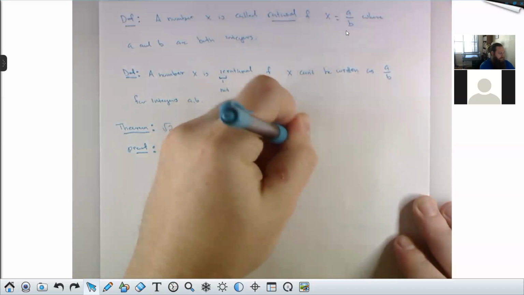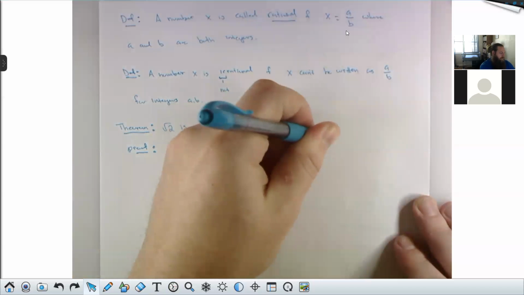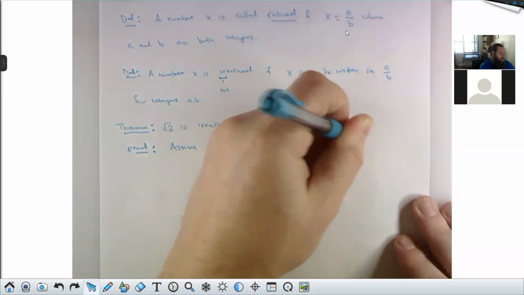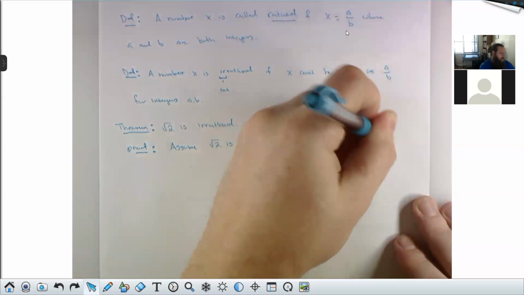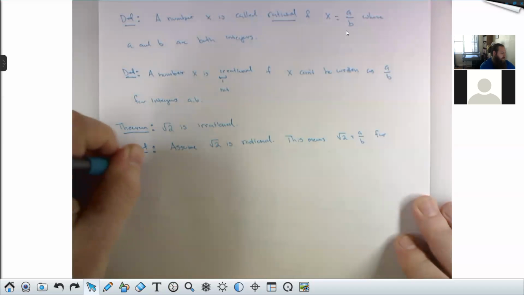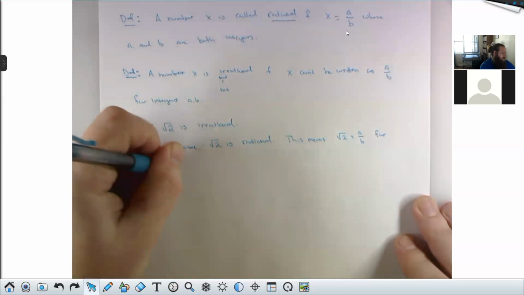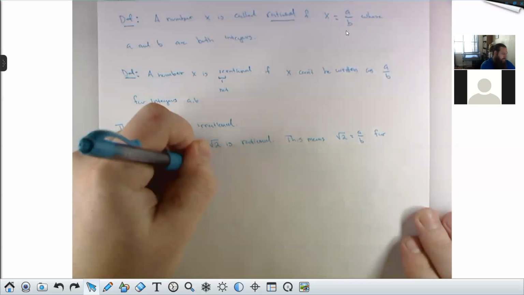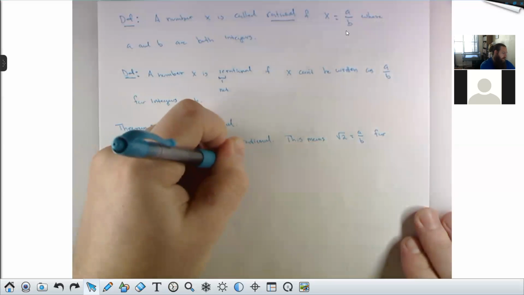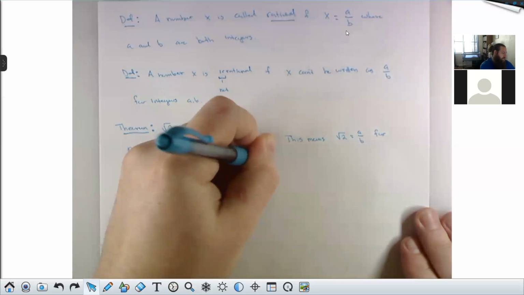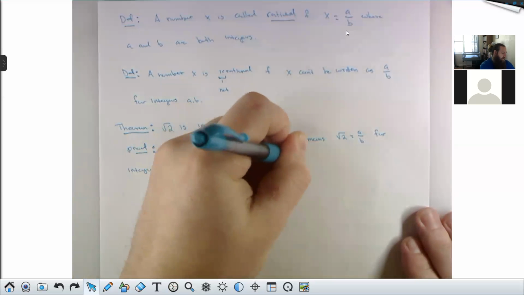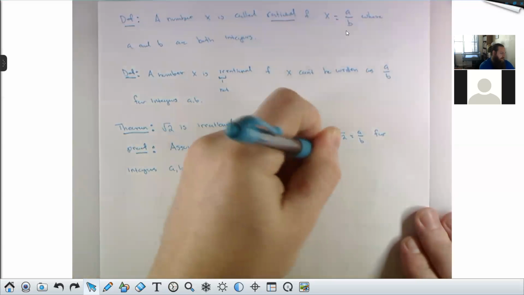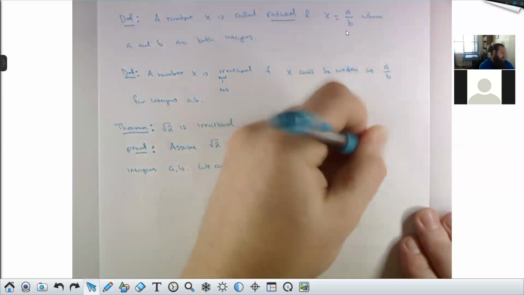This means that the square root of 2 is equal to A over B for integers A and B. A neat fact, we can also assume that A and B have no common divisors.